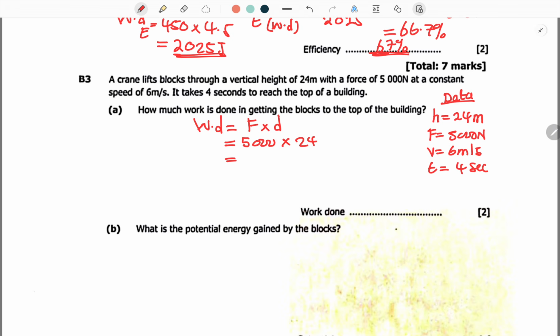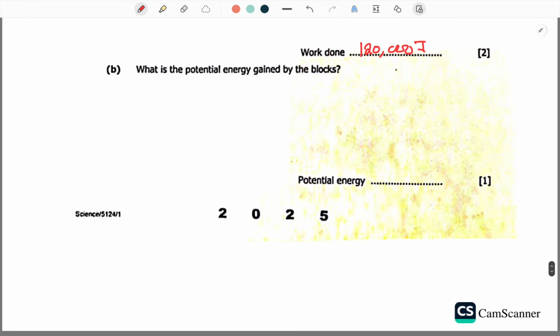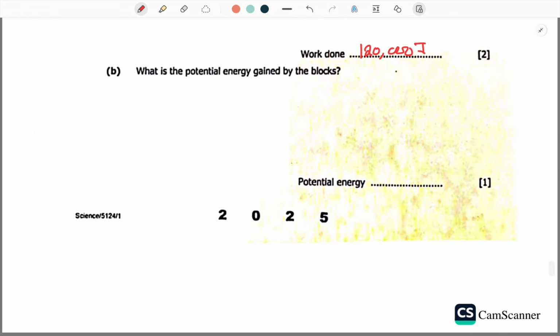So 5,000 multiplied by 24, you'll be getting 120,000 joules. Okay. Then they say, this is the work done, so you can put your 120,000. Don't forget the units, joules. Then the question continues by saying, what is the potential energy gained by the blocks?